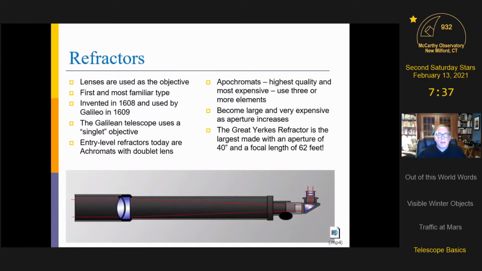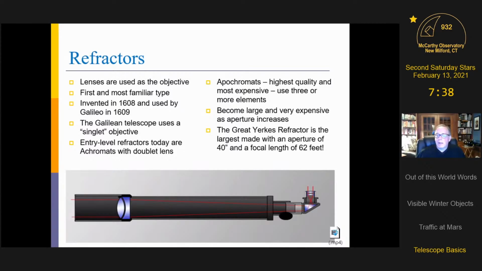Now, getting a little bit deeper into refractors. So again, as I said, lenses are used as the objective of a refractor. On the left-hand side of the picture we have here, that's the aperture, and light enters the aperture and gets focused at the end of the focal length on the right side of the picture. This is the first and most familiar type of telescope.